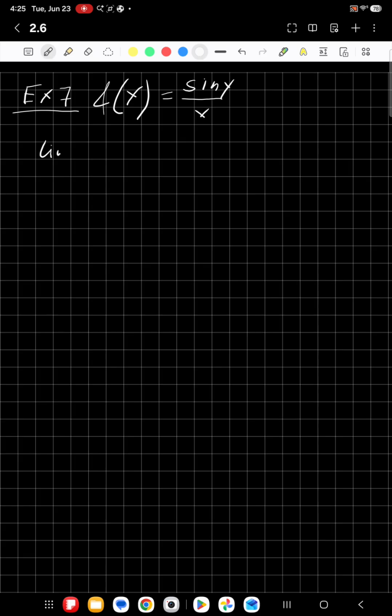So the limit with x approaching 0 is 1. So this is sine x over x equals 1. So this one is discontinuous.